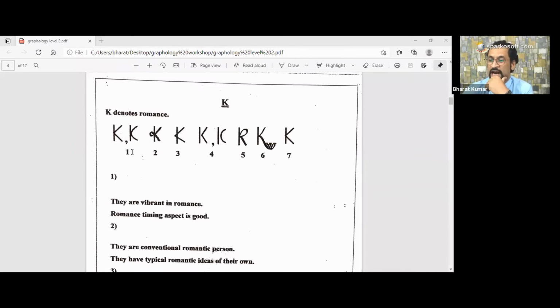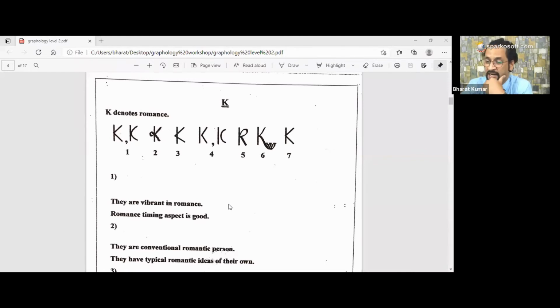It is a very clear K, the only difference is the central point. They are vibrant in romance, very vibrant, and the romance timing aspect is also very good.